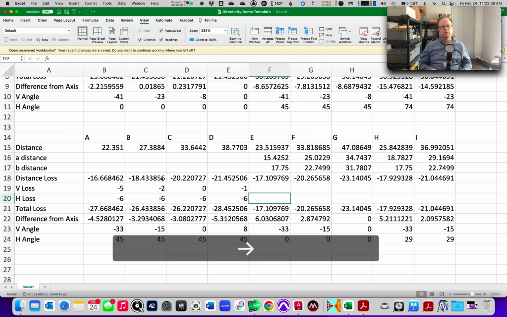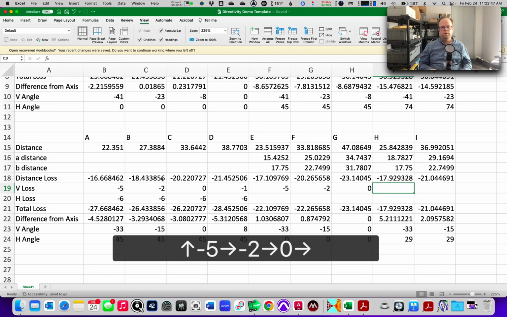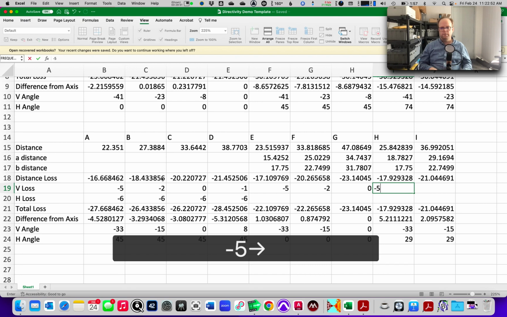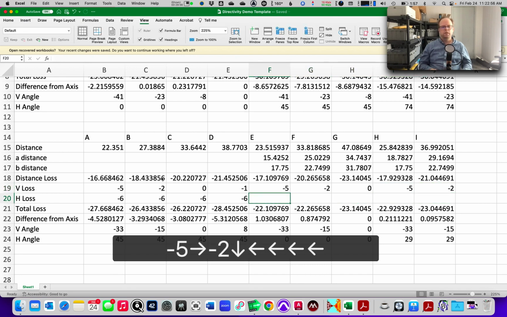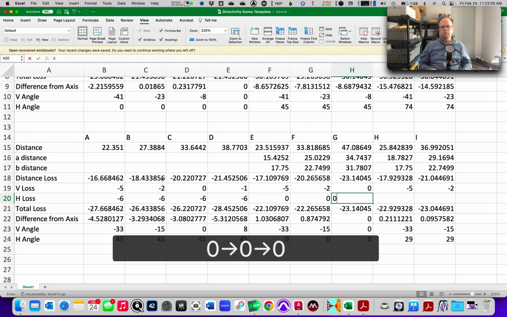Now, vertical loss here is going to be minus 5 for this one because it's the same vertical angle. This will be -2. This will be 0. This will be -5, and this will be -2. And no horizontal loss at these 3 seats, because that's where the loudspeaker is pointed.